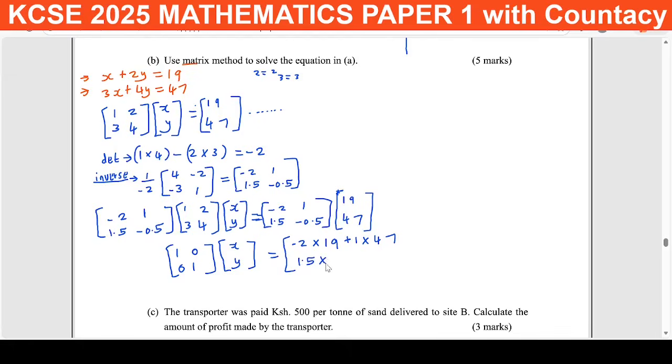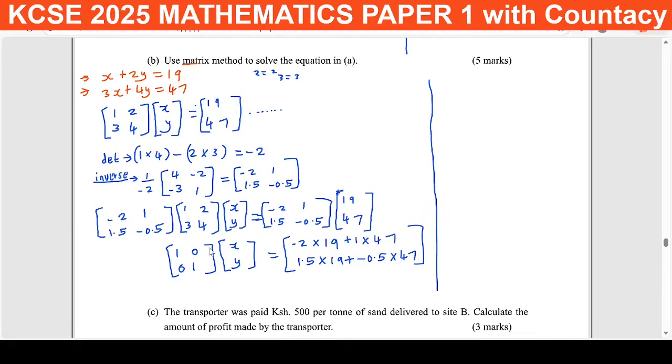As we solve this question, it will help you to be able to solve any other question that you'll ever get that involves solving equations using matrix. So it's important that we do get to follow all along. So we have 1.5 multiplied by 19, and then plus -0.5 multiplied by 47. That's the matrix we get over here.